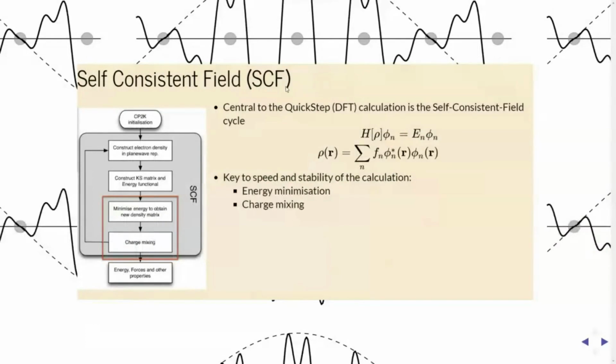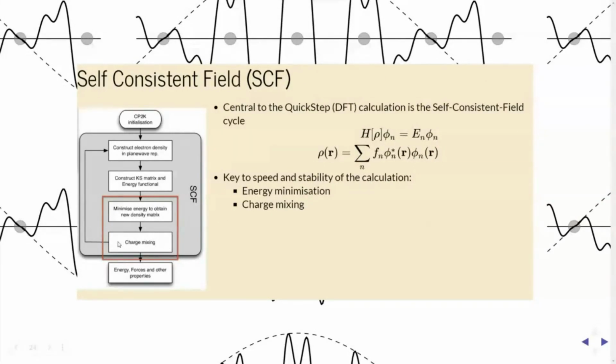So the self-consistent cycle that Arno mentioned was we construct a guess at the density. From that density, we construct this Kohn-Sham matrix, so this matrix with the energy in terms of basis functions. Then we diagonalize it to get a new set of eigenvalues and eigenstates.